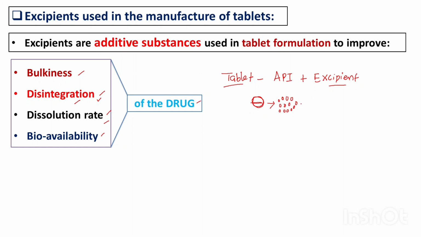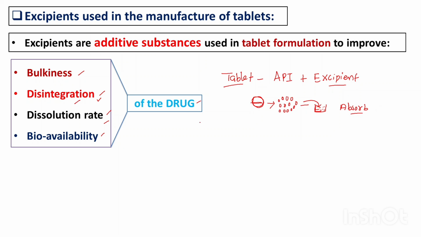After disintegration it needs to dissolve in the fluid present in our stomach. In that fluid, the tablet's granules should dissolve completely. After dissolution, it will be absorbed into the systemic circulation. This complete process is called the metabolism of a tablet dosage form.